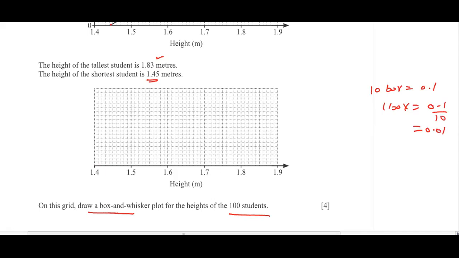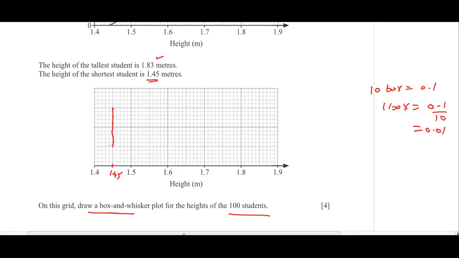Now, if you need 1.45, where will 1.45 be? It will be 1.41, 1.42, 1.43, 1.44, 1.45. So this is 1.45. You can make a line here for the lowest value.